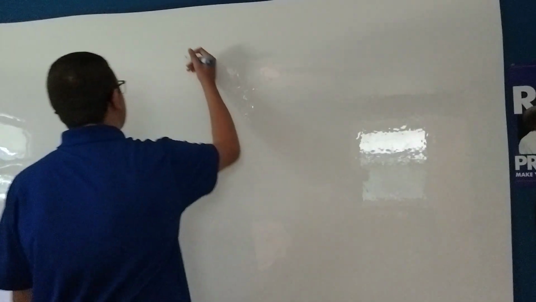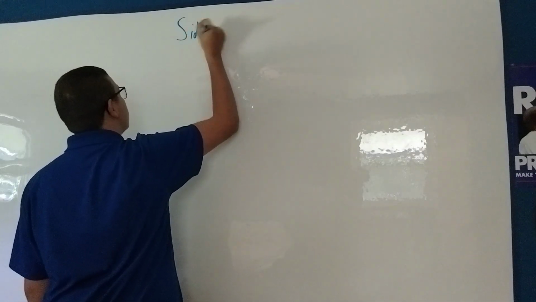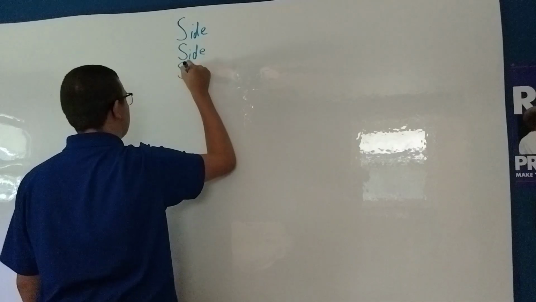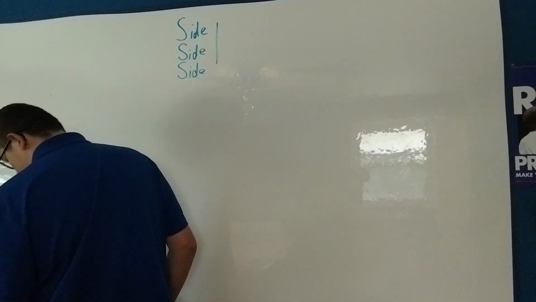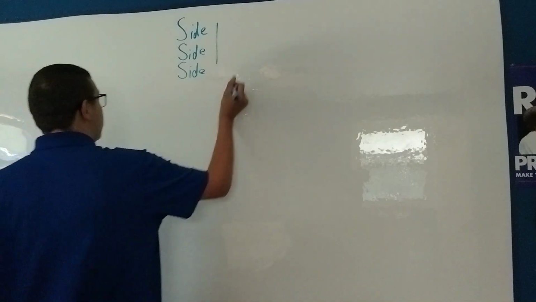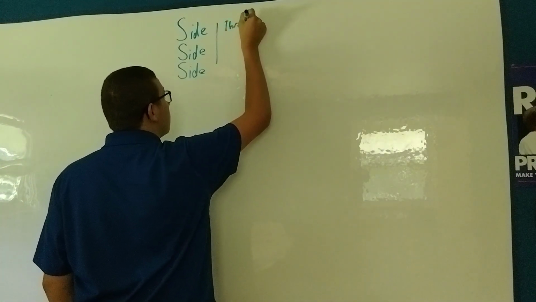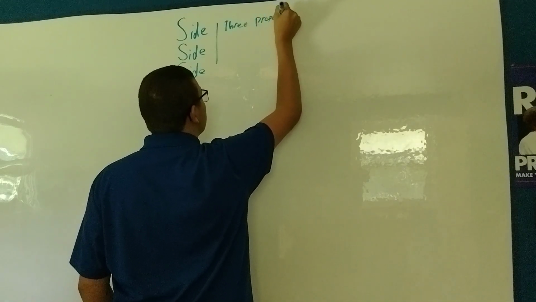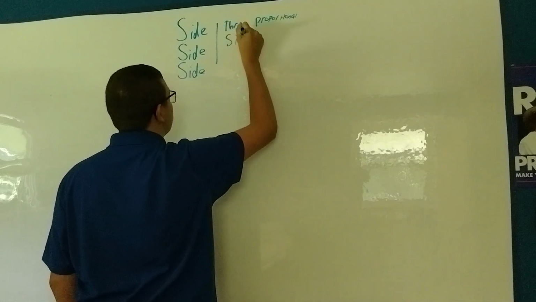So starting here with side, side, side, you will have, again, 3 proportional sides.